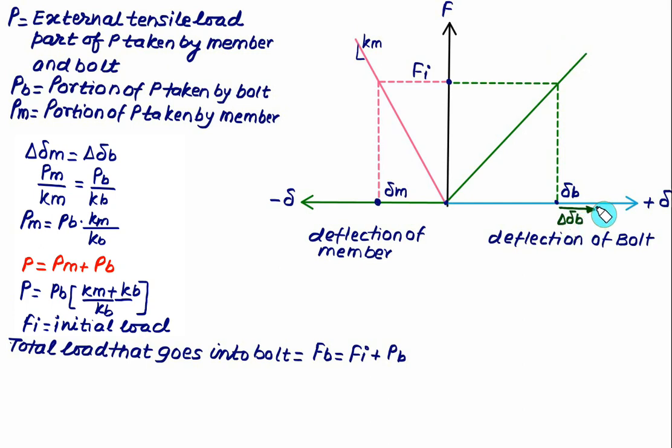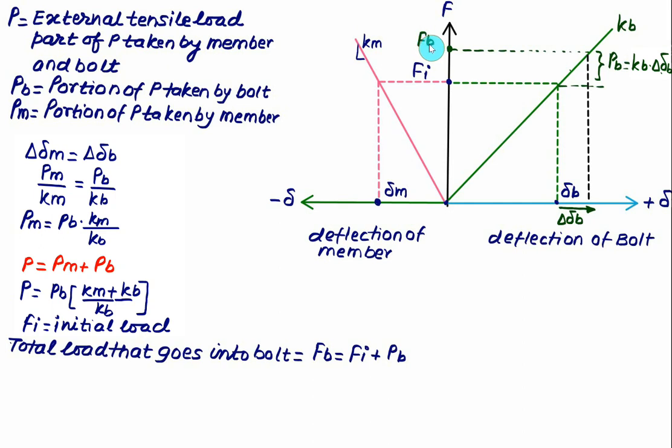Then draw the projection on the stiffness line of the bolt. This vertical distance will be equal to PB, which we write as the stiffness of the bolt multiplied by delta. So this additional load comes on the bolt. The initial load is Fi. So if I draw the horizontal line from the extra load equal to PB, then this value represents the total load equal to FB.